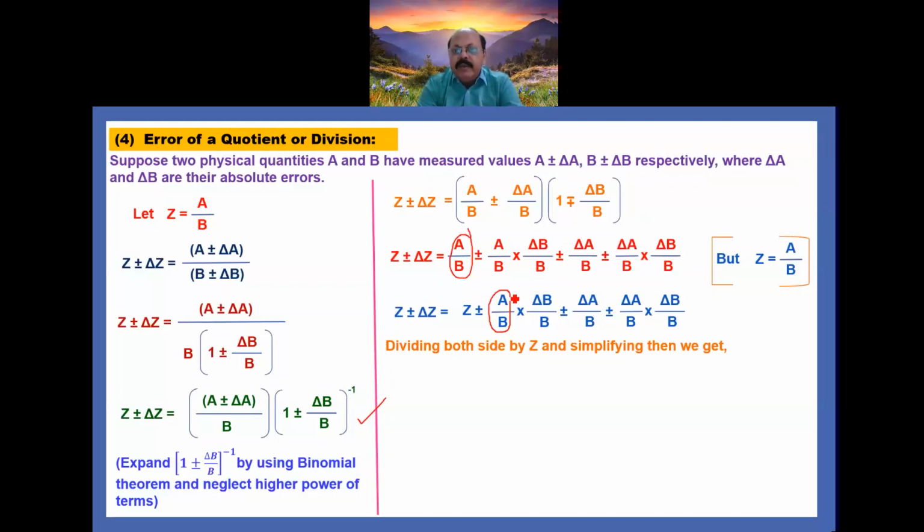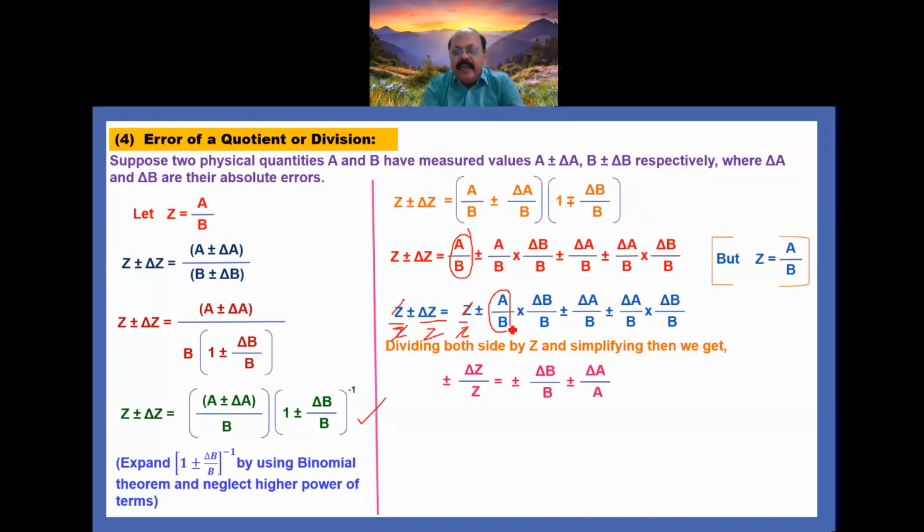Now divide both sides by z and simplify it. When you divide by z here, this z and this z get cancelled and you will get 1. Similarly here, upon z, this z and this z get cancelled, then you will get 1.